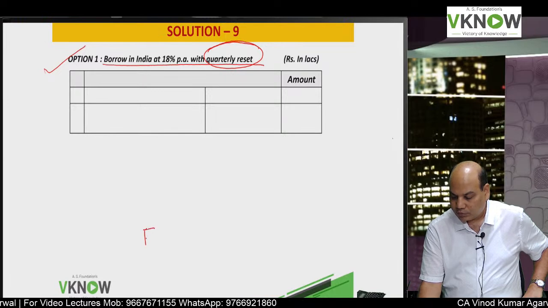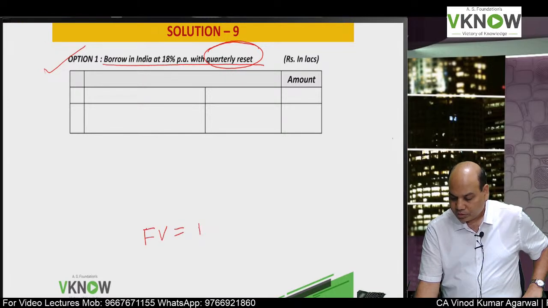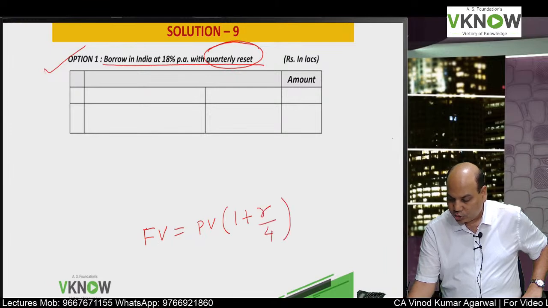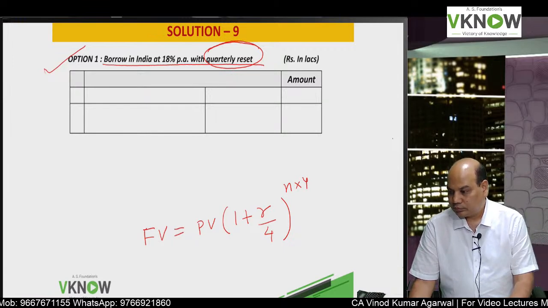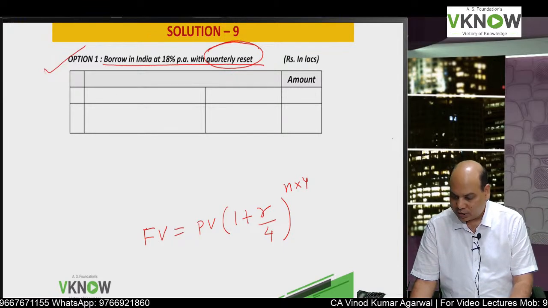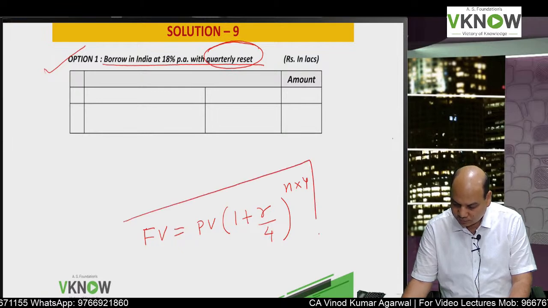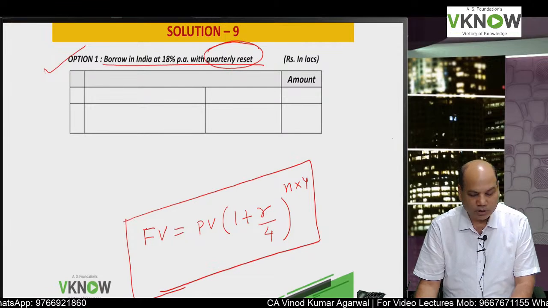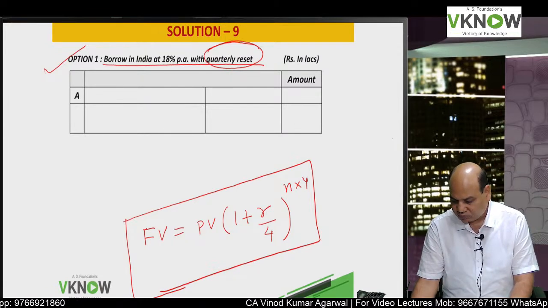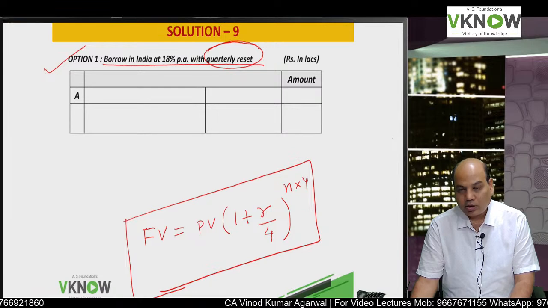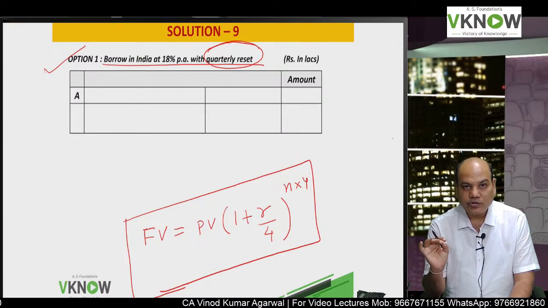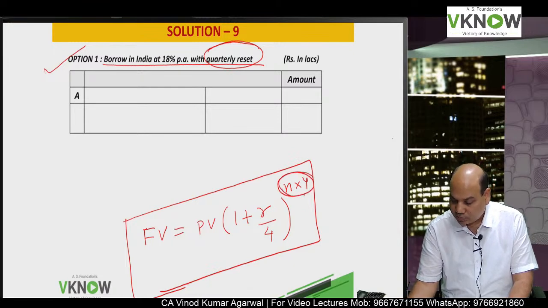The formula for future value when it is quarterly compounding is PV into 1 plus R by 4 to the power N into 4. So using this formula, we will see how much amount is payable in rupee after 6 months. In 6 months there are 2 quarters, so this will become 2.